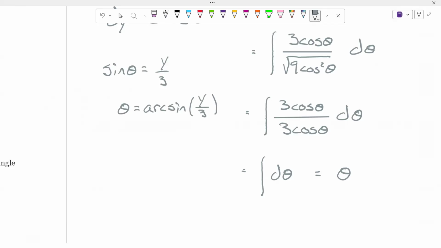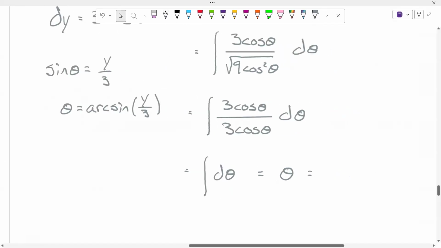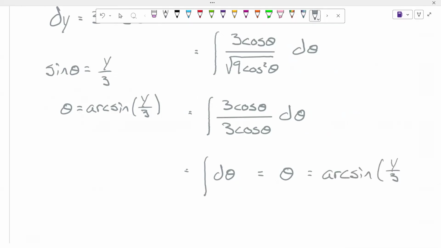So this thing integrates to arcsine of y over 3. Wasn't that so much fun? So let's go use that to solve the rest of the problem.